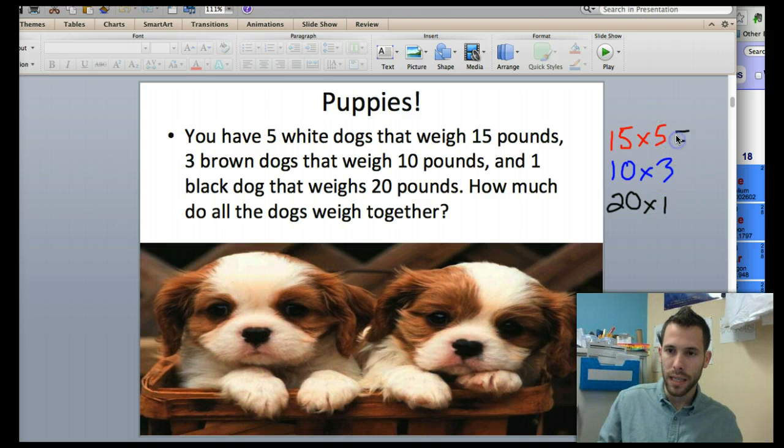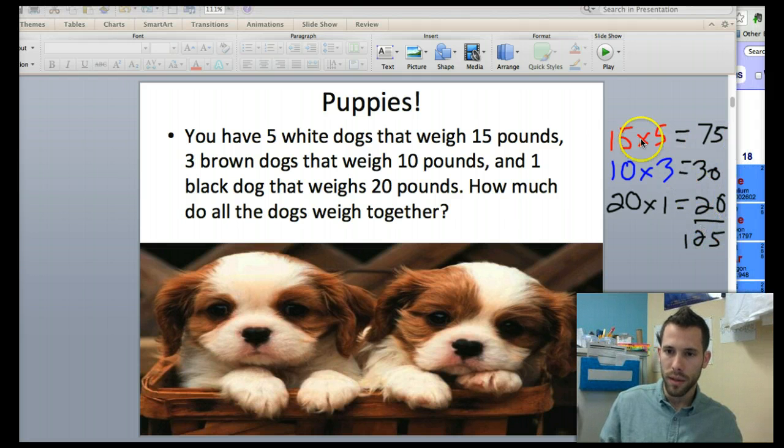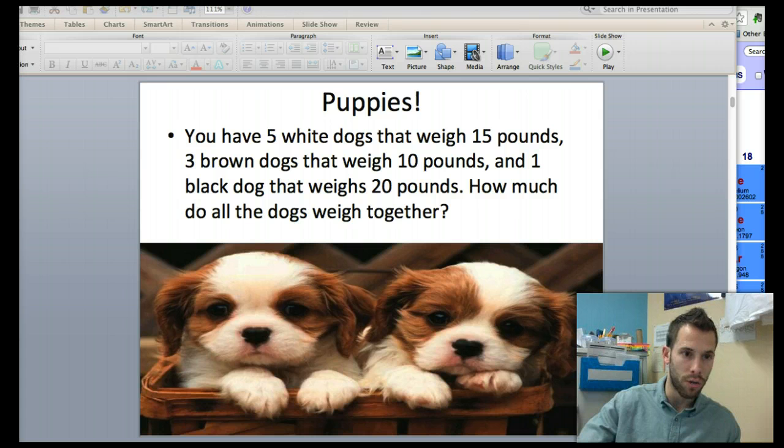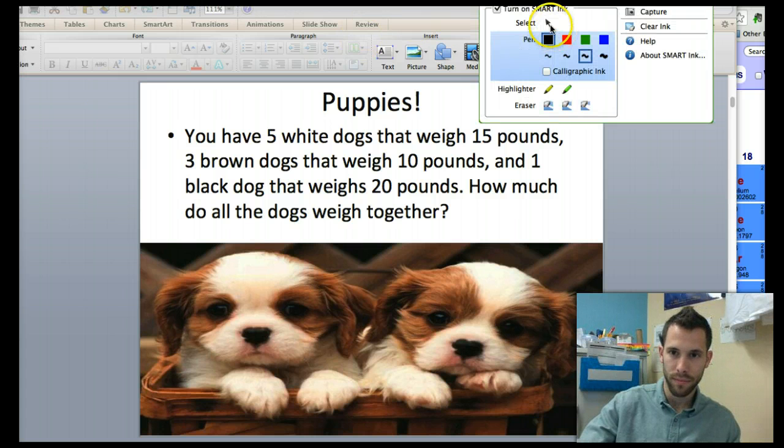So we'd get 15 times 5, which is 75. 10 times 3, which is 30, and 20 times 1, which is 20. You add them all up, you get 50 plus 75, which is 125. This method right here is exactly what we're going to use today to calculate our goals. You ready to talk about it? Let's begin.